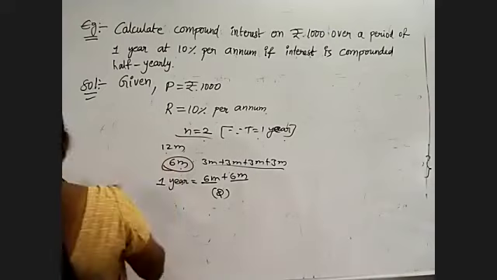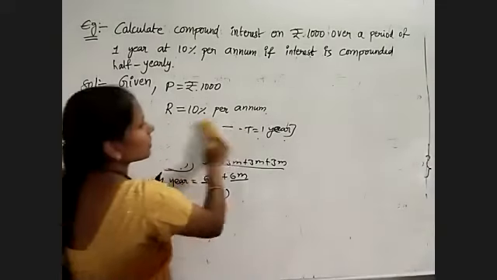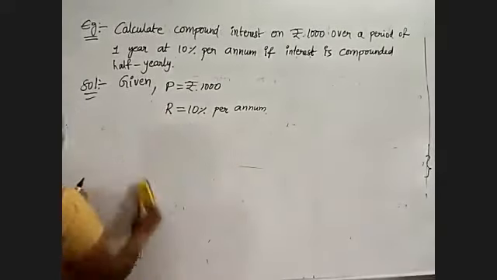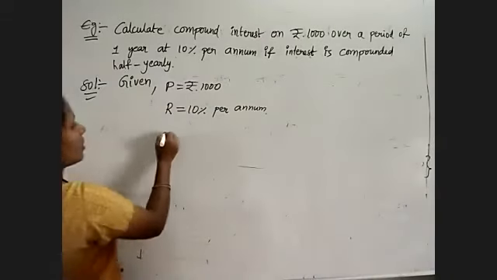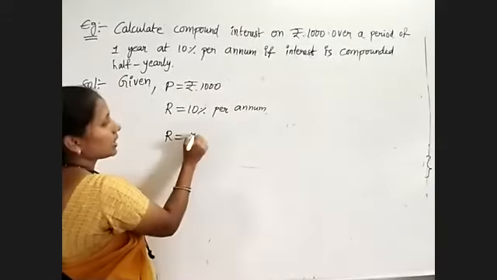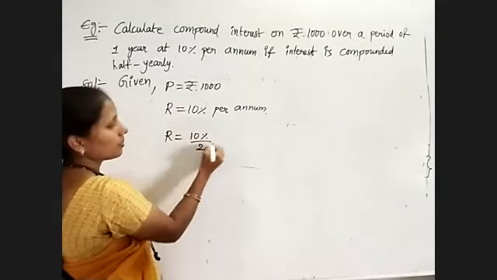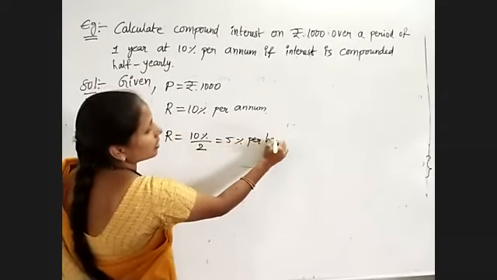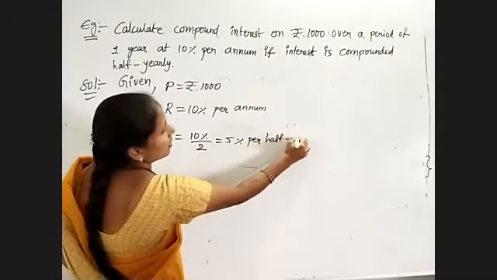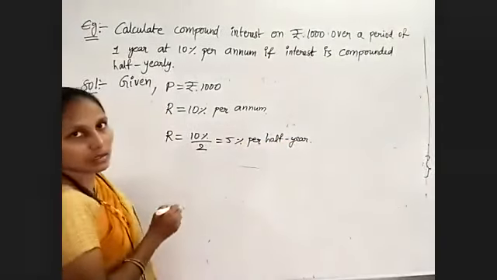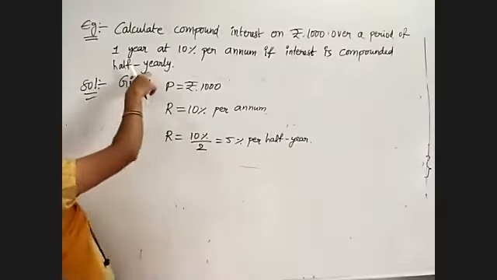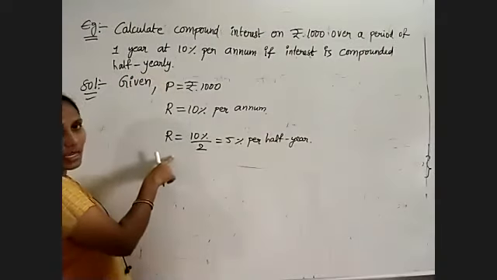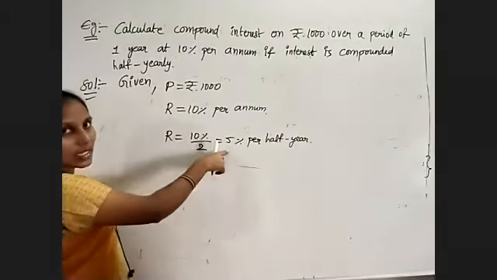So now for this question, rate of interest will be changed to 10% by 2, which is equal to 5% per half year. Understand? Because we have to calculate for half year, that's why rate of interest also you have to take for half year itself.